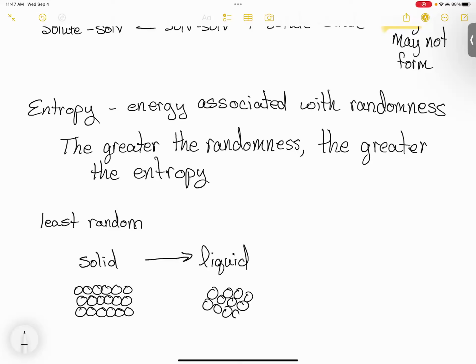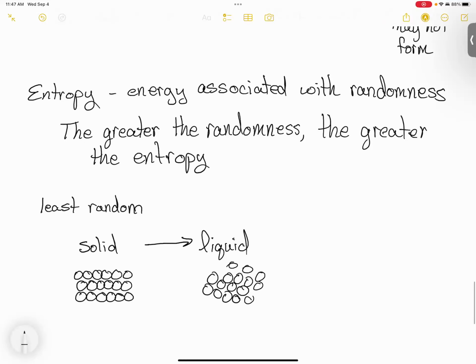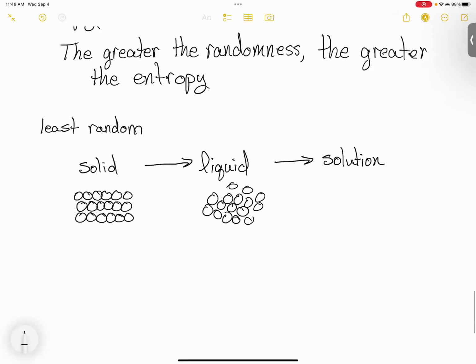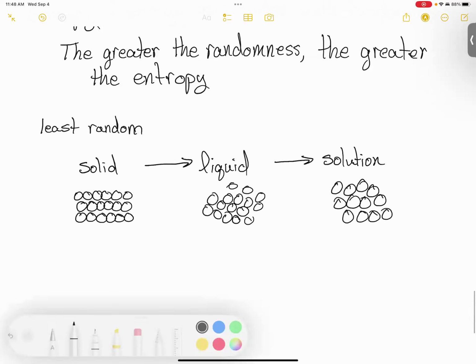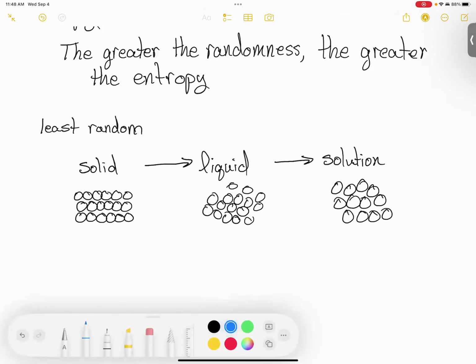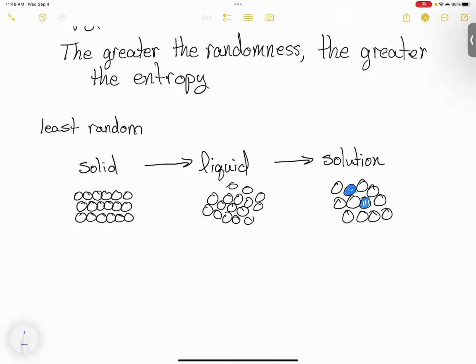They're not necessarily as clean and pretty. They're just over there. After that is a solution. Especially if we're talking about an aqueous solution, yes, we have this randomness, but now some of those are ions or some of those are another molecule.